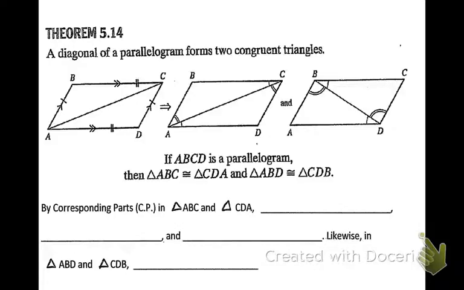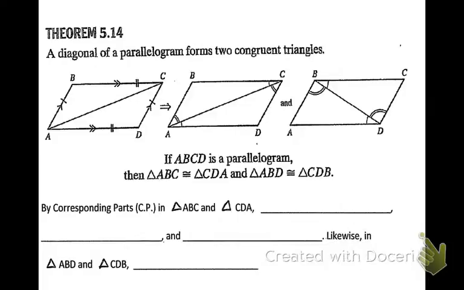Theorem: a diagonal of a parallelogram forms two congruent triangles. So if ABCD is a parallelogram, then we have triangles ABC and CDA are congruent, and ABD and CDB are congruent. And the reason is by corresponding parts.